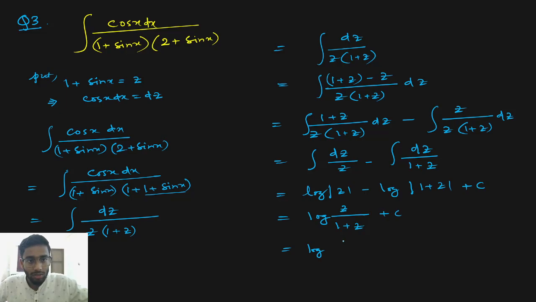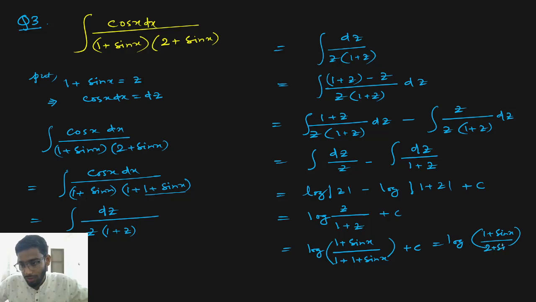So log z has its value as 1 plus sine x, and in the denominator it will be 1 plus, put the value of z, 1 plus sine x. The last line is log of 1 plus sine x divided by 2 plus sine x, plus c.